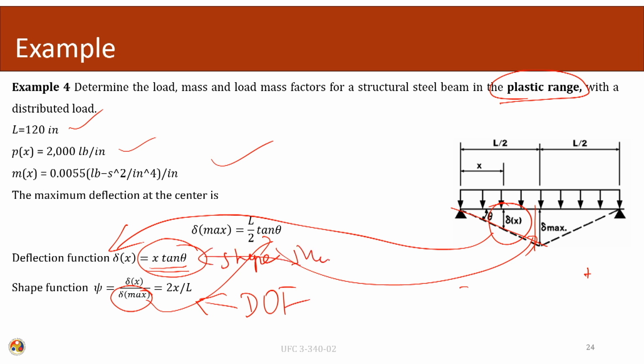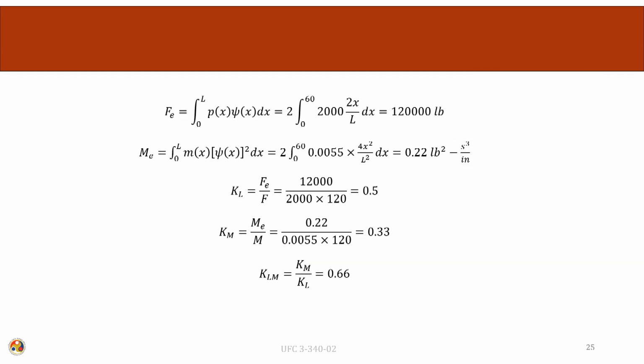This is my mode shape which is again the first mode, but it is in the plastic range. So, again I formulate my shape function, and from the shape functions I again calculate my equivalent forces, I again calculate my equivalent masses, and again I look into the equivalent mass and the force quantities.